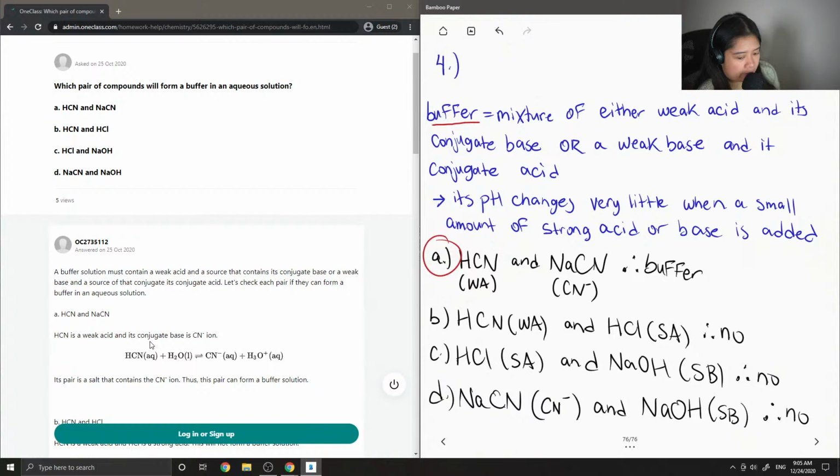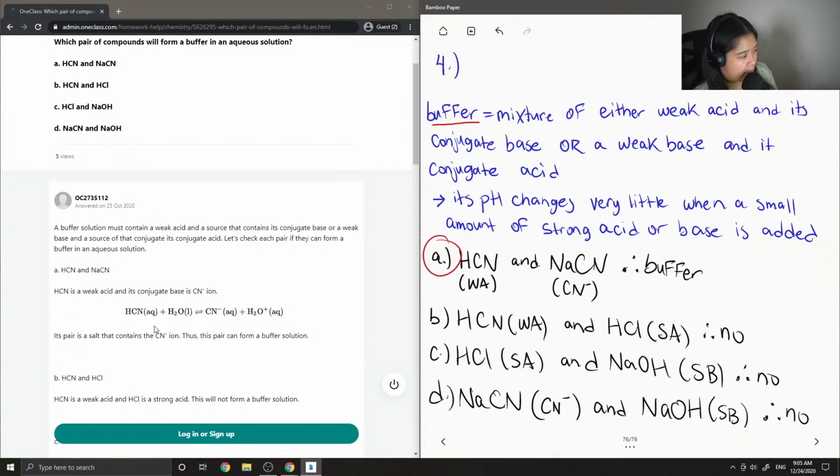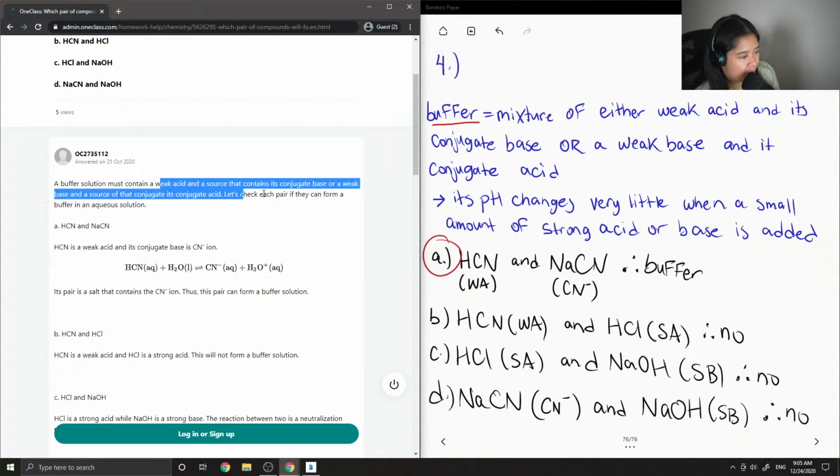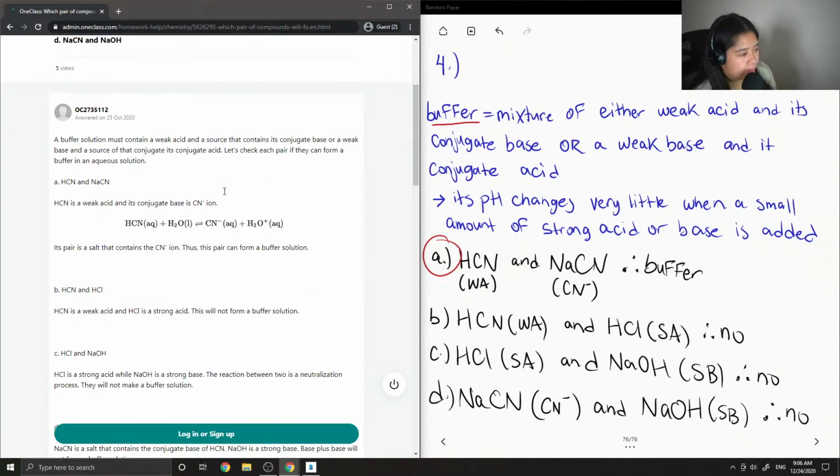Okay, so the junior tutor said that a buffer solution must contain a weak acid and a source of its conjugate base, or a weak base and a source of its conjugate acid. I think there's just a little typo, but it's minor.